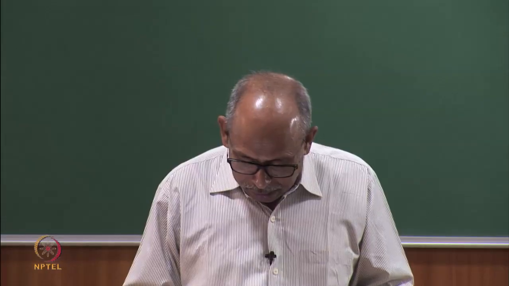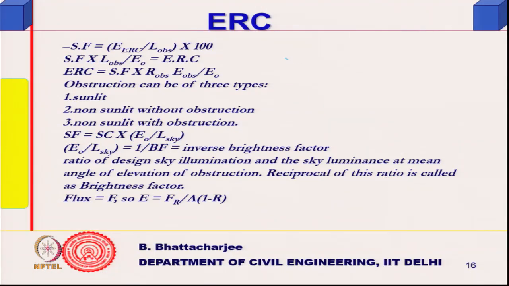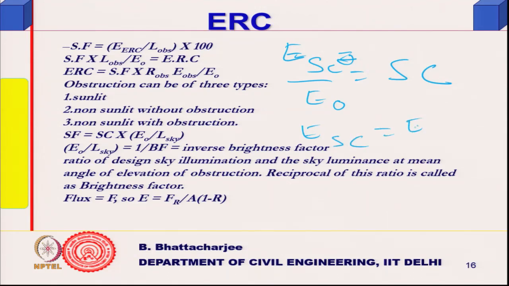So, let me just rewrite this again. Sky component equals ESC divided by E 0. So, ESC is nothing but E 0 into SC.